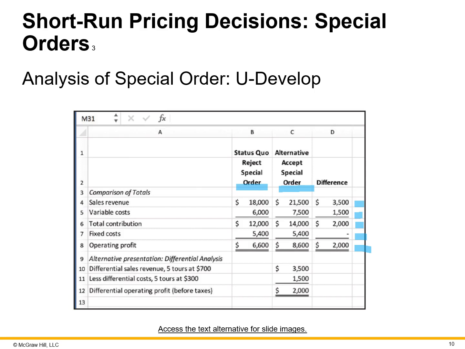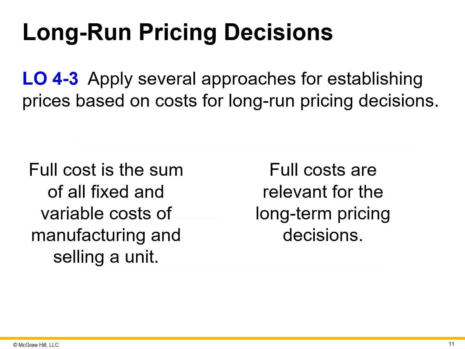But for our purposes, if we're just looking at operating profit, then we would go ahead and take the special order. For long run pricing decisions, we're going to look at the full cost of manufacturing and selling a unit. Again, the full cost is going to include fixed cost and variable cost.